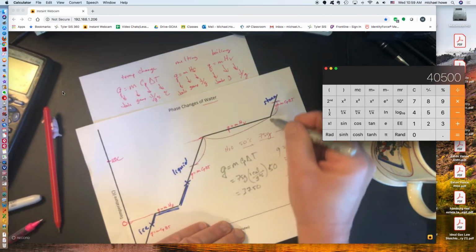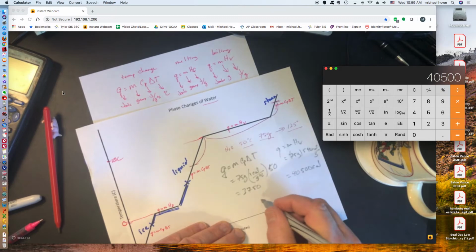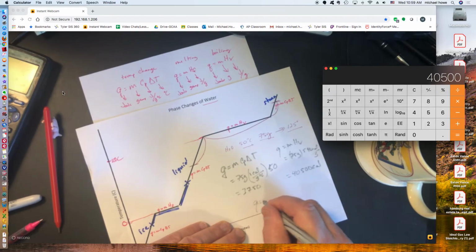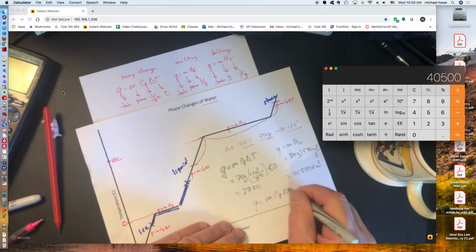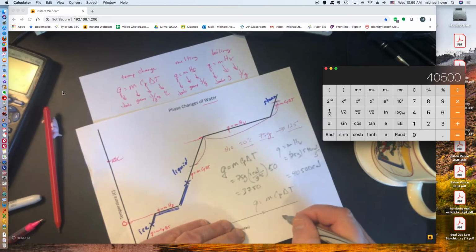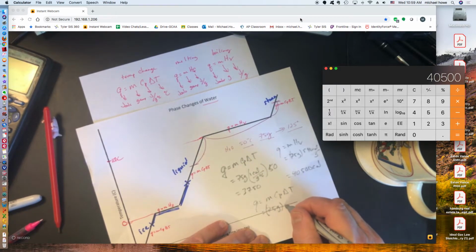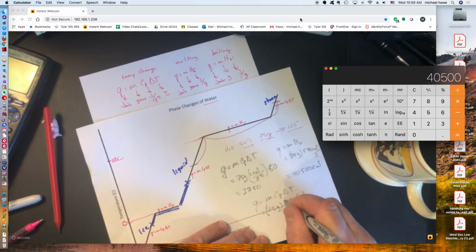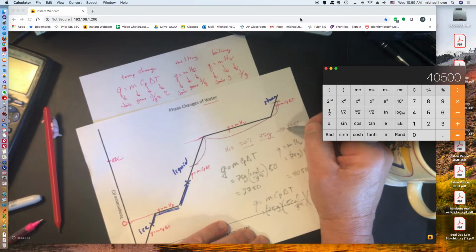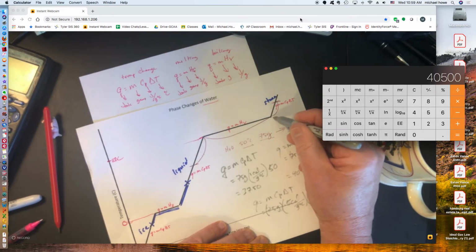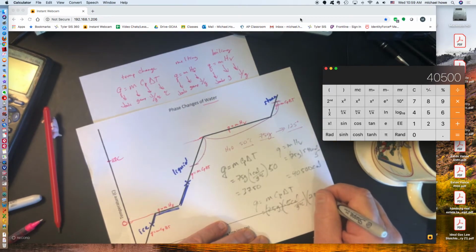Then the third step, we'd have to go from here up to here. So we would be looking at the change in temperature formula again, mCp delta T. The mass is still 75 grams. The specific heat capacity of steam is 0.5 calories per gram degree C. And the change in temperature, now we're going up to 125, but we are at 100 right here, so from 100 to 125 is a 25 degree change.